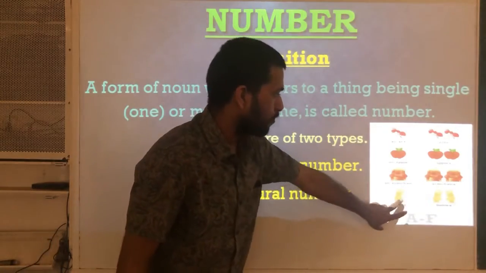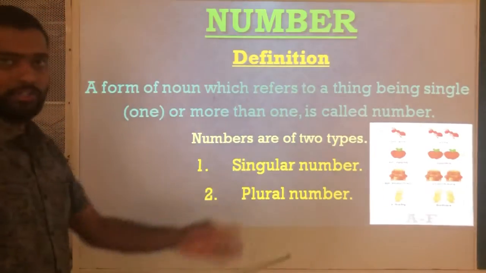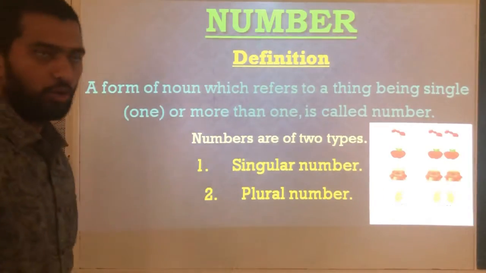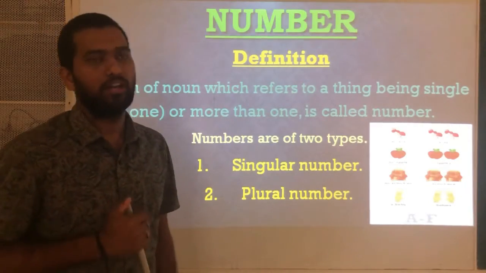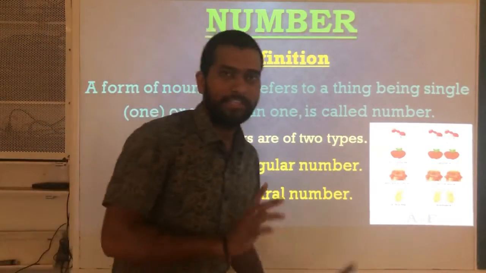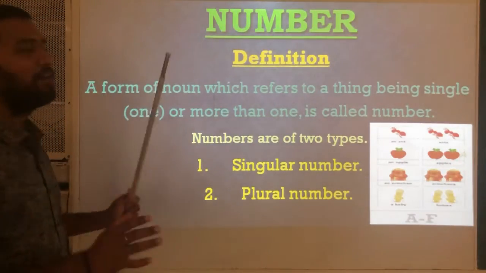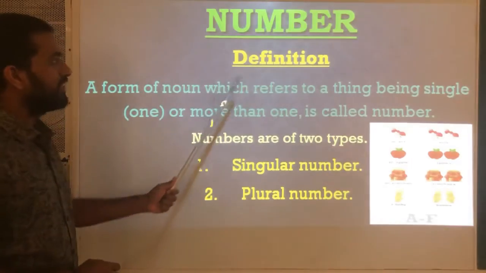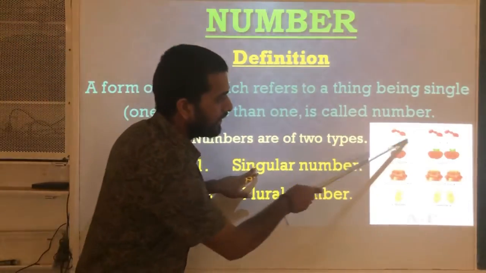Next here one baby and two babies. Like this, not only two, if there are 3, 4, 5 or whatever it is, we will take it as plural. Okay? Once again, I am reading the definition. So, listen now. A form of noun which refers to a thing, means a form of noun. This is noun. Yes sir?